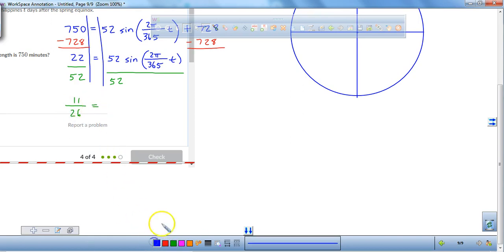Equals the sine of 2 pi over 365 times t. Now this is where we have to take the inverse. I'm going to rewrite it right over here. So here we go. We have the sine of 2 pi over 365 times t equals 11 over 26.